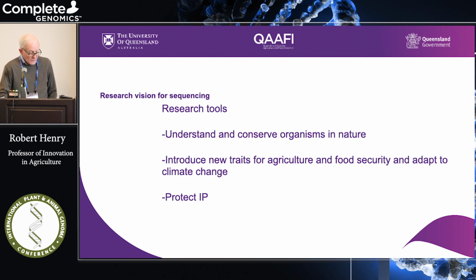So the motivations in our work are that we use sequencing as a research tool. My work's evolved a lot in understanding, conserving, particularly the genetic resources of our major crops, and in using that to introduce new traits into agriculture, particularly into food crops, and really the driver to doing that in an accelerated way is the need to adapt to climate change.